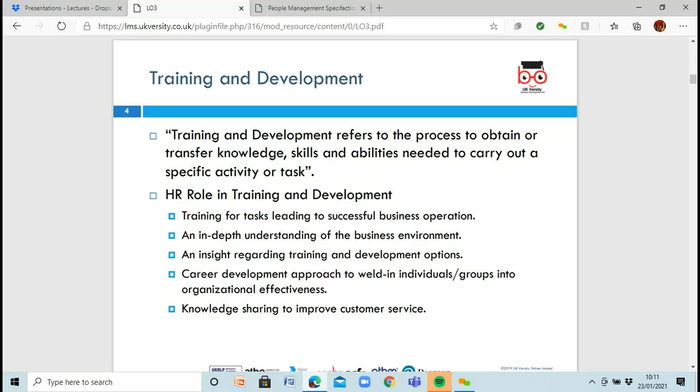So training for tasks leading to successful business operation, an in-depth understanding of the business environment, an insight regarding training and development options, career development approach to weld individuals and groups into organizational effectiveness, and then knowledge sharing to improve customer service.